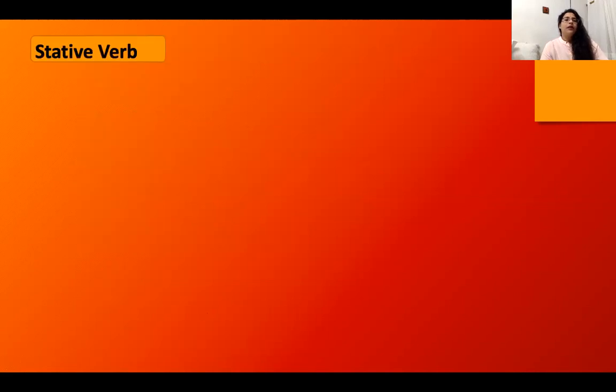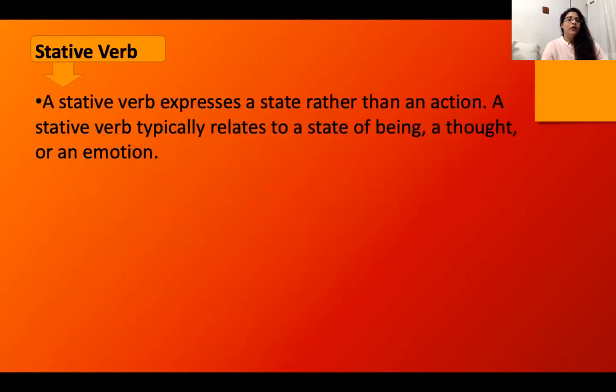Now, stative verb. This verb expresses a state rather than an action. It is performing an action, but that action is in the form of expression. That action is being performed somewhere in your mind. A stative verb typically relates to a state of being, a thought or an emotion.